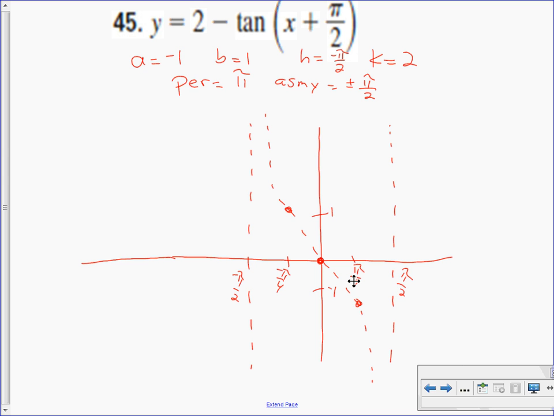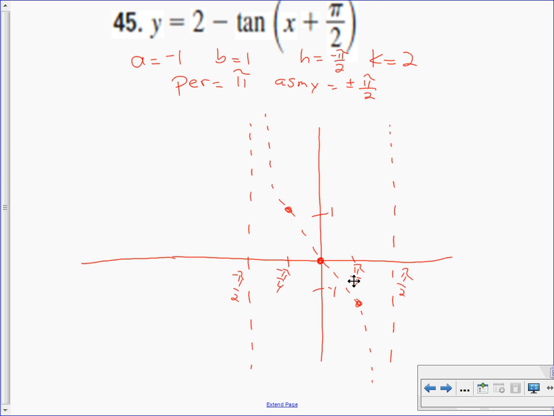From there, I list out my points: negative pi over 4, 1, 0, 0, pi over 4, and negative 1.